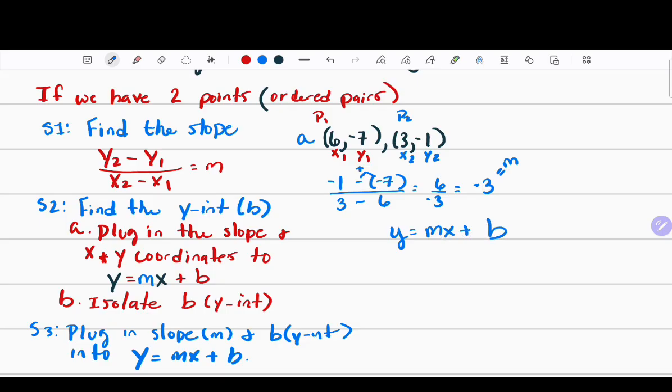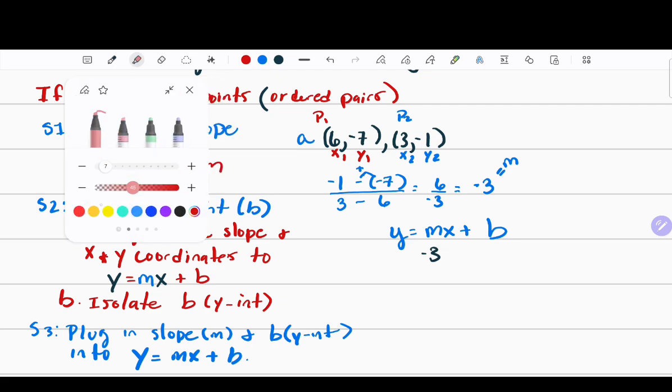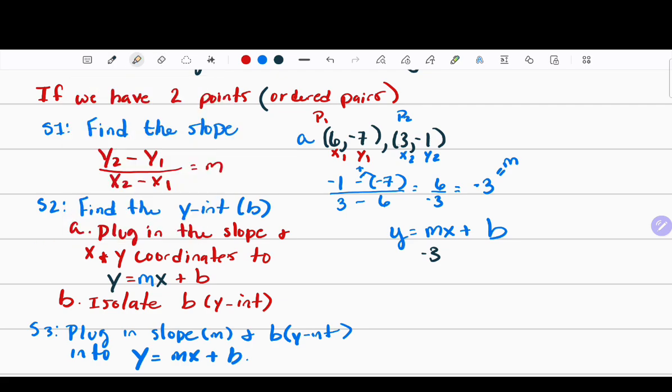All right, so we go back to y equals mx plus b. Our slope is -3. And let's pick this point right here. I just did it because I had smaller numbers. All right, so we say 3, and x for that point is also 3. But that looks like -33, so you make sure you put that parenthesis.